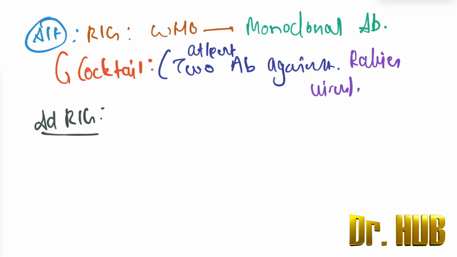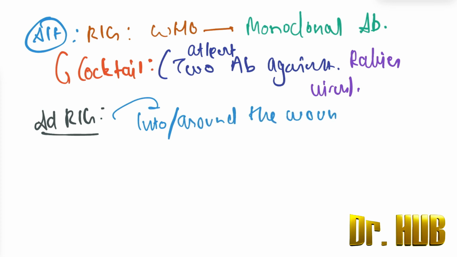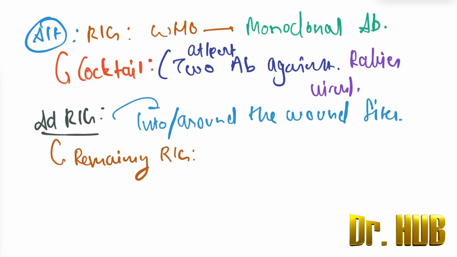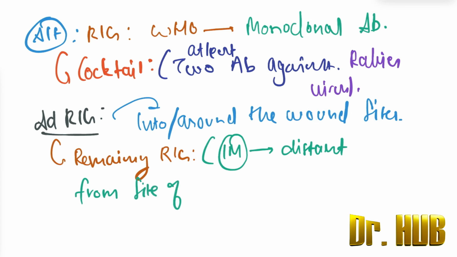The RIG should be administered into or around the wound sites, and the remaining RIG, if any, should be injected IM at a site distant from the site of vaccine administration.